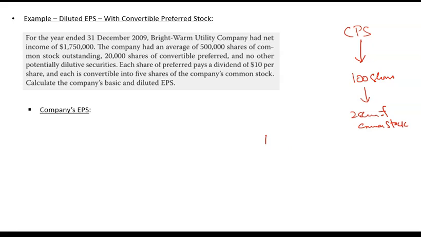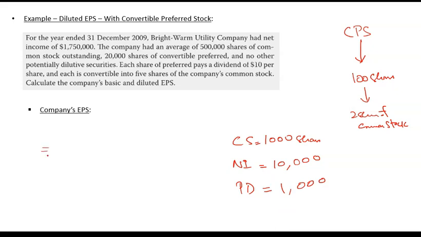I have common stock shares of 1000. I have net income of, let's say, 10,000. Net income is 10,000 and preferred dividend is, for example, on this 100 shares preferred dividend is paid to be 1,000.